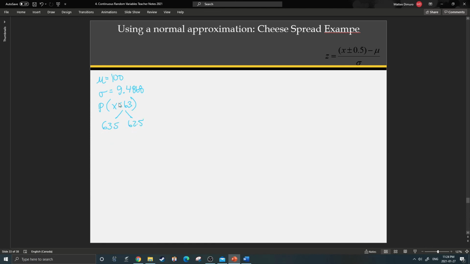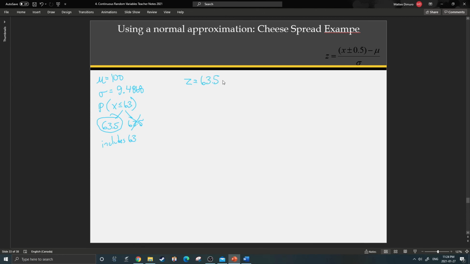Now we want x to be less than or equal to 63, so that includes 63. So if I go x less than or equal to 62.5, will I be including 63? No. So I need to use 63.5, because that would actually include 63 when I go x less than or equal to that number.